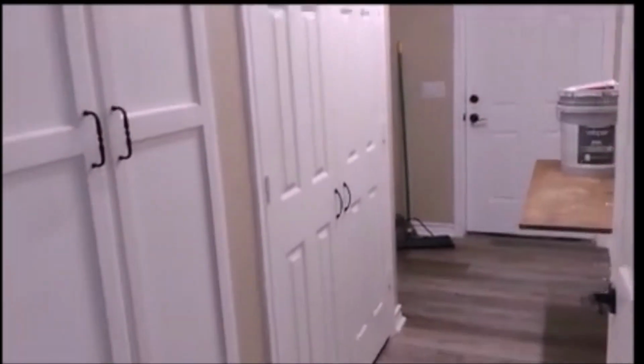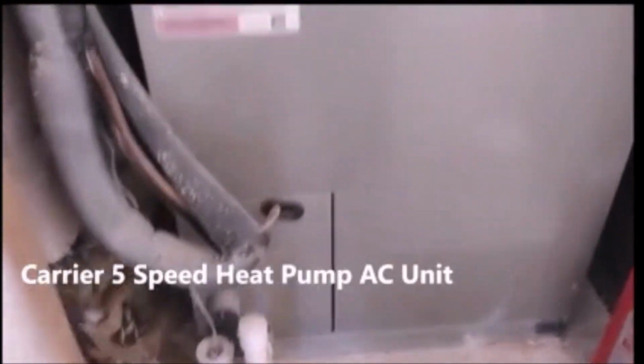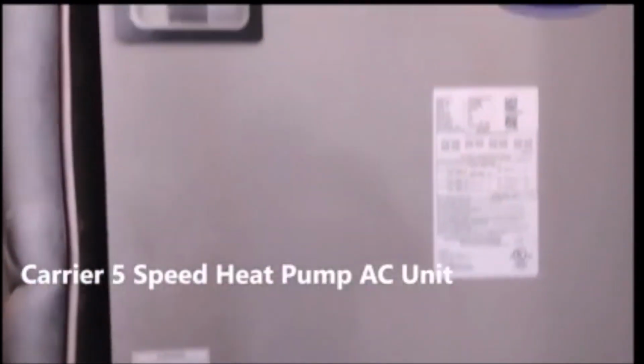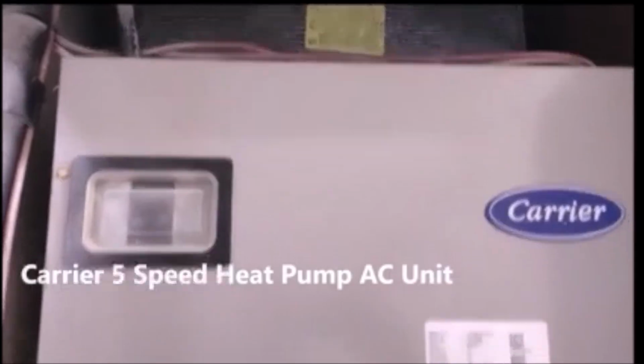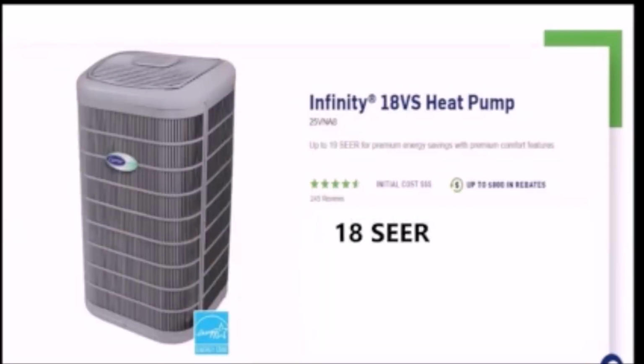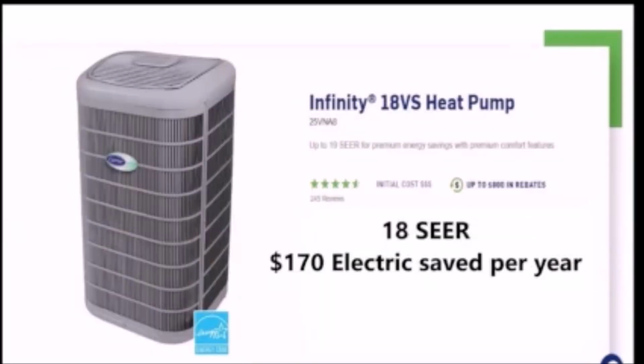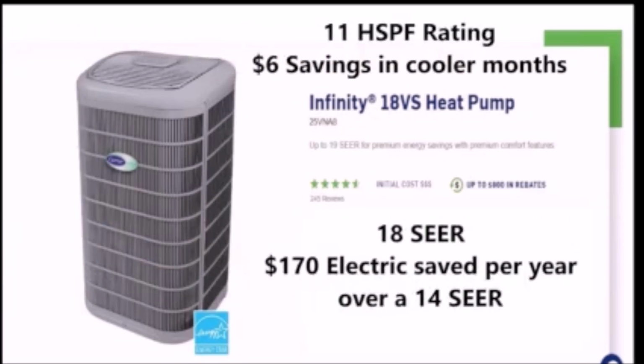So let's look at the upgraded air conditioning and ventilation system that was specified and installed for this owner. We installed a Carrier 5-speed heat pump AC unit, and he wanted a higher SEER rating, so we got an 18 SEER model, and the code in the area calls for a 14 SEER rating.